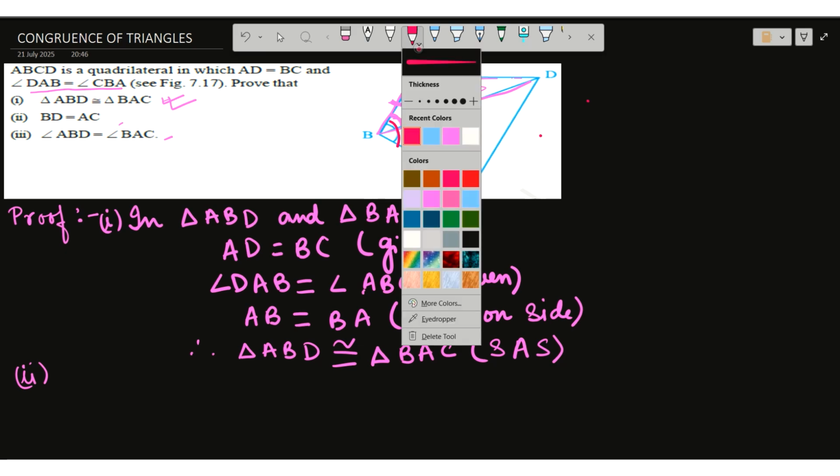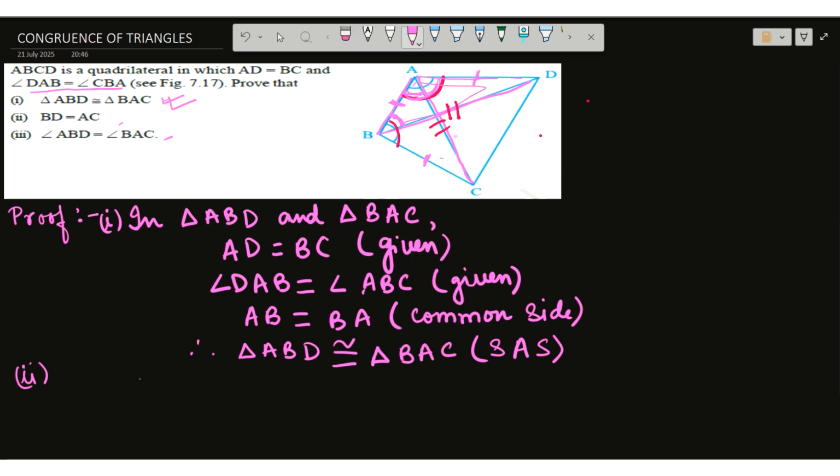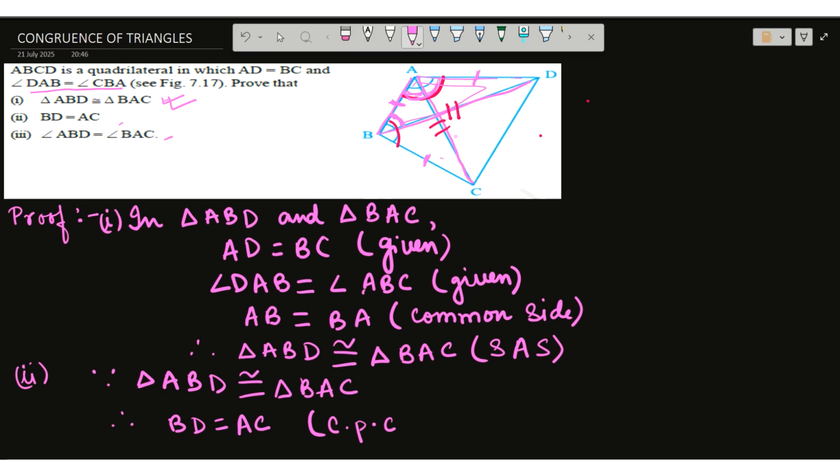So we'll simply write, it's very easy, that since triangle ABD is congruent to triangle BAC, therefore BD is equal to AC. What is the reason? CPCT, corresponding part of congruent triangle.